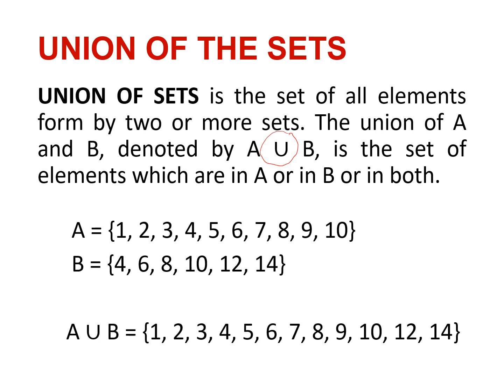However, if you notice, we have 10 here and 10 here. We just write 10 once. Okay? Likewise, 6, we just write 6 once. So therefore, the elements of A ∪ B are 1, 2, 3, 4, 5, 6, 7, 8, 9, 10, 12, and 14.